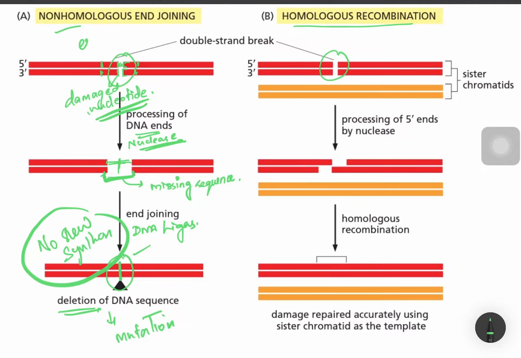So this is more of an error prone method and it is not good, or you can call it a quick and dirty solution. It will repair easily, but it won't be a correct solution. Hence comes the other method, homologous recombination.